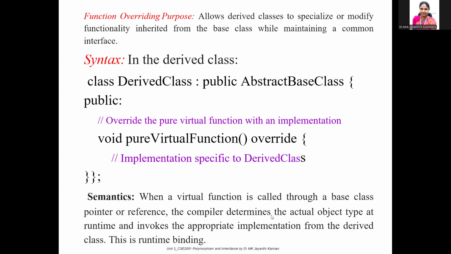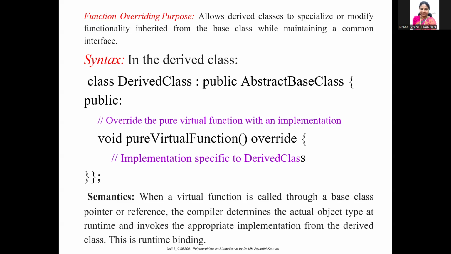Semantics: when a virtual function is called through the base class pointer or reference, the compiler determines the actual object type at runtime, and it calls the appropriate implementation from the derived class. This is called binding. Until runtime, we don't know which function is going to be executed. During runtime, depending upon the type of object, the object will be bound with the corresponding function.